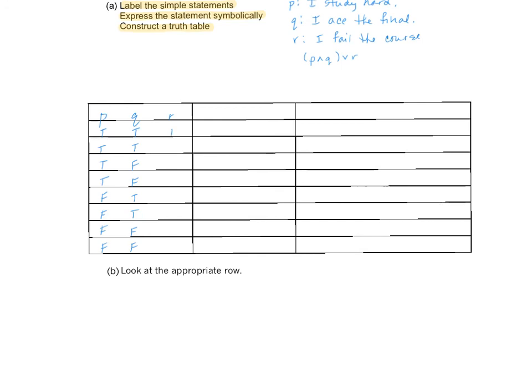And then R, I'm going to alternate: true, false, true, false, true, false, true, false. In the parentheses, I have P and Q. I need to do that first. So I'm looking at the first 2 columns, P and Q, and it's an and. So it's going to go true, true, but the rest are going to be all false.